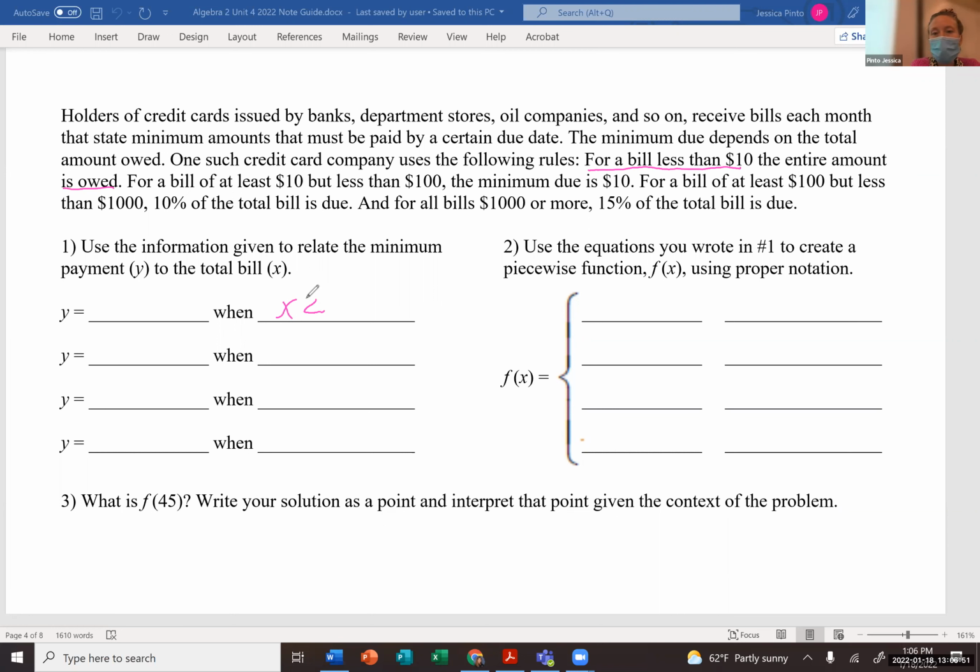Well, it said less than $10. So if the amount is less than $10, then I have to pay the total bill. So what letter is going to represent the total bill? What does it say we'll use for the total bill? x. That's it. That was an easy equation.